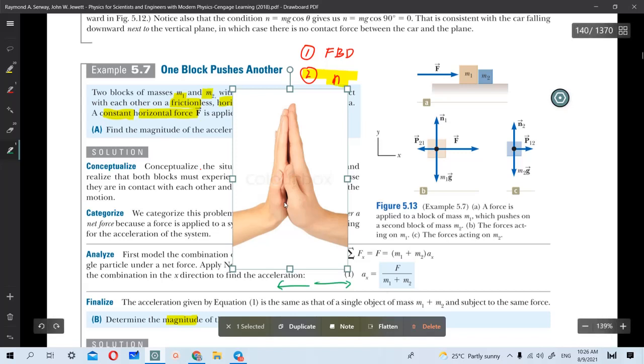This one presses onto this one. So notice that the right hand will experience a pressing in the direction to the right.